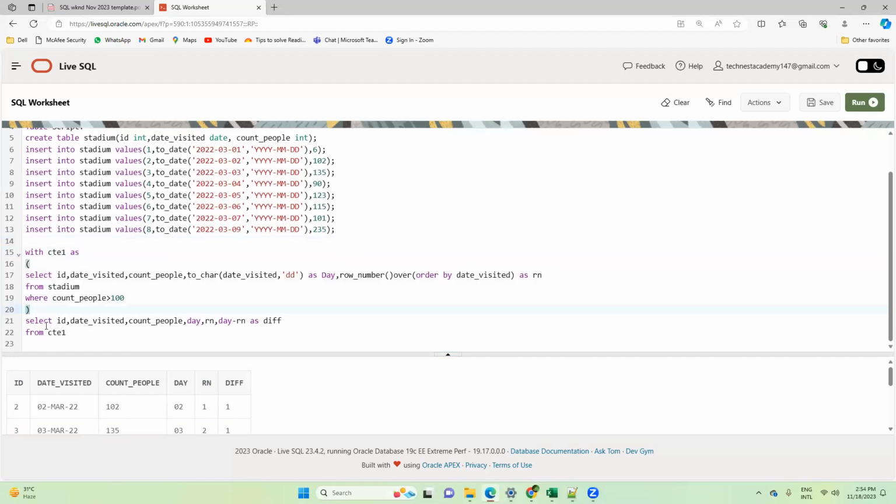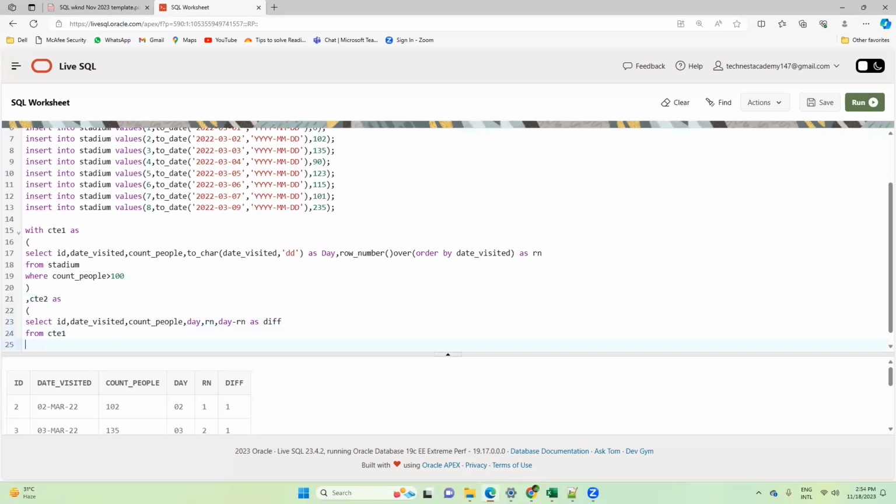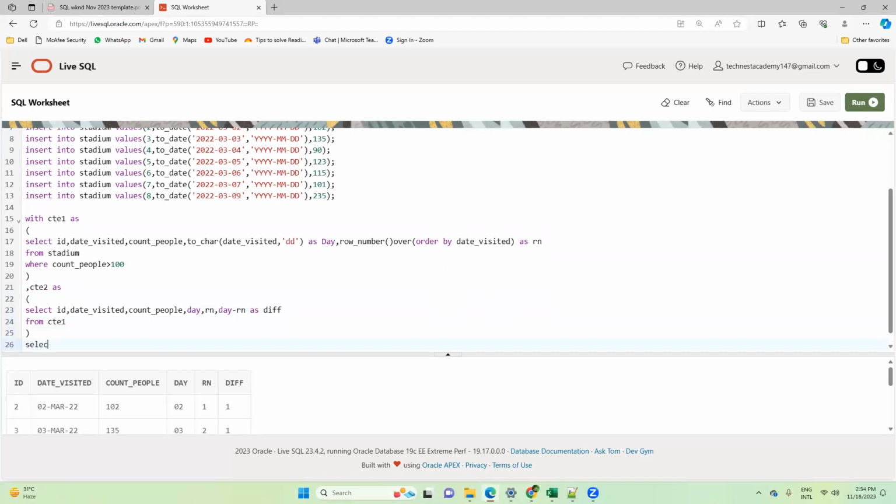So I will keep this as well in a separate CT. Now here I will write that I want only those difference from CT2 group by difference having count of star greater than one.